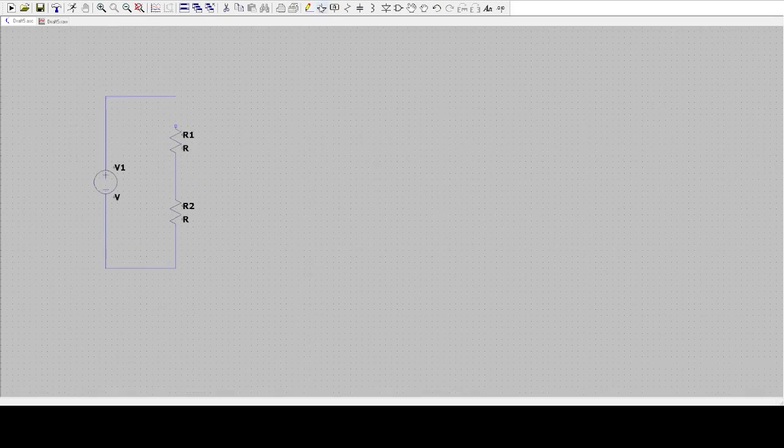Let's take a reference. Reference, I mean ground. Let us give these some values.